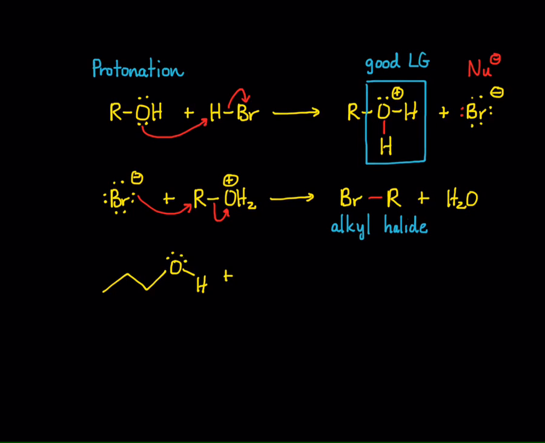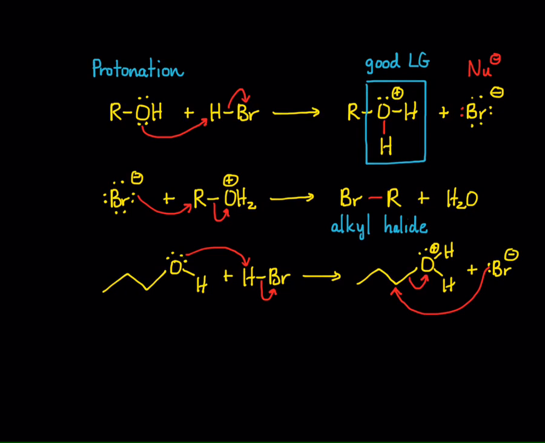So here's an example. I take propanol and react it with HBr. Those non-bonding pair of electrons in the HOMO attack the sigma star of HBr. I get protonation plus bromide. Bromide now comes in and attacks the carbon. Now, this is the key.